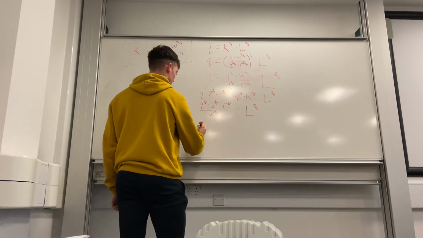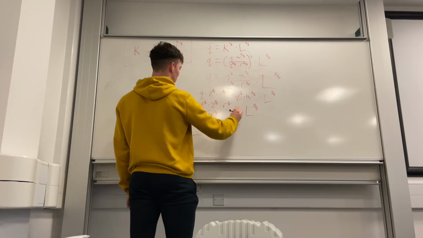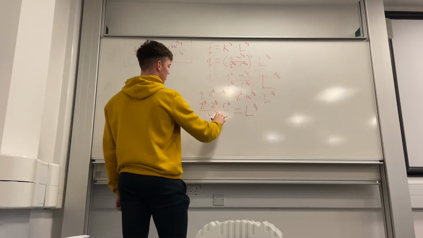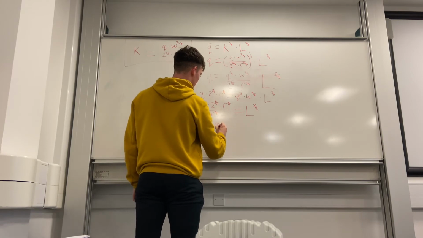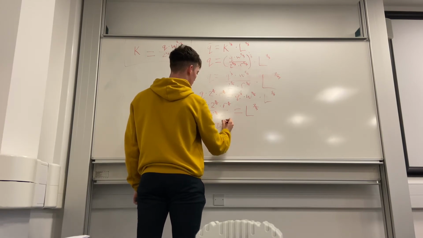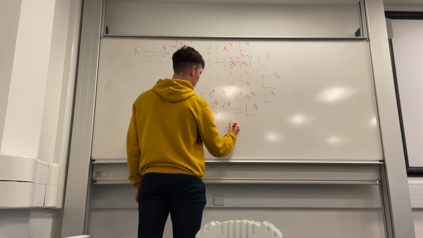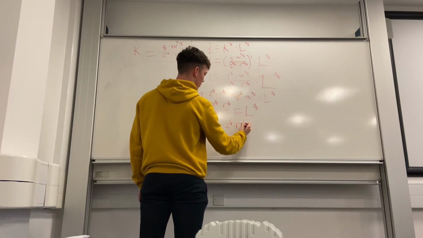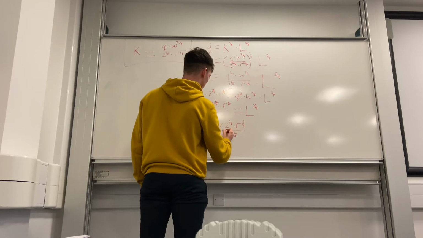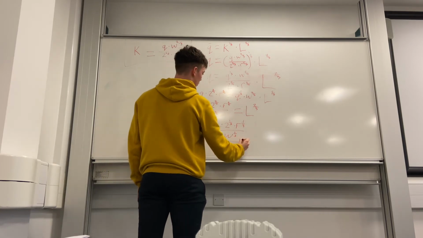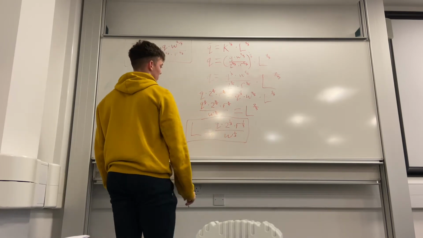So now to leave L completely on its own, we bring over the power, we divide each one of the powers here, so we get Q on its own multiplied by 2 to the power of a third multiplied by R to the power of a third all over W to the power of a third. And that is the labour demand function.